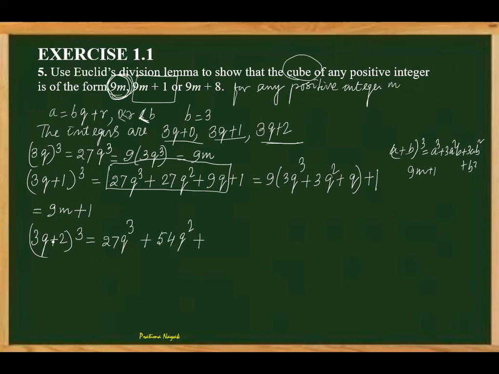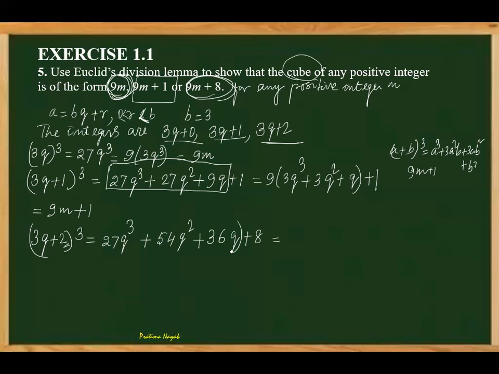Plus 3 into a into b square: 3 into 4 is 12, into 3 is 36q. And b cube, 2 cube, is equal to 8. So here I'll make it 9m plus 8.